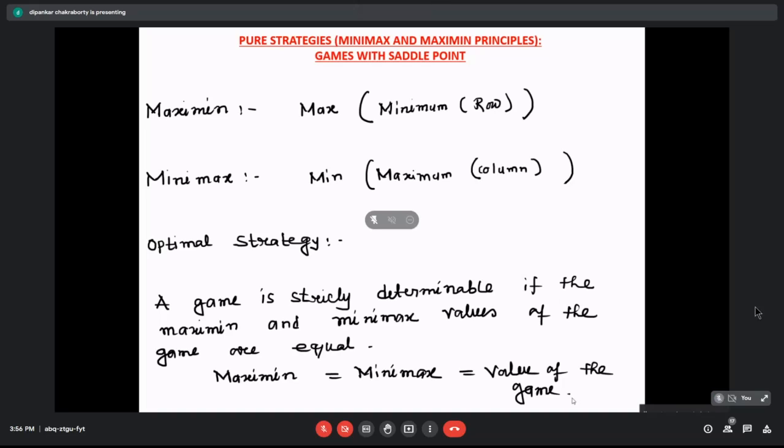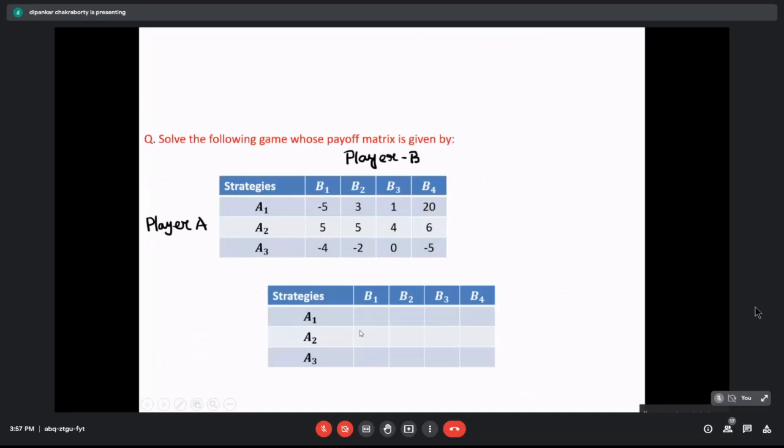Let's take one problem. I've given so much information. Now let's try to apply that, and I hope now you get some interest, because till now I have just been giving you the theory part. So, before going to solve the problem, first we should check whether the game is strictly determinable or not.